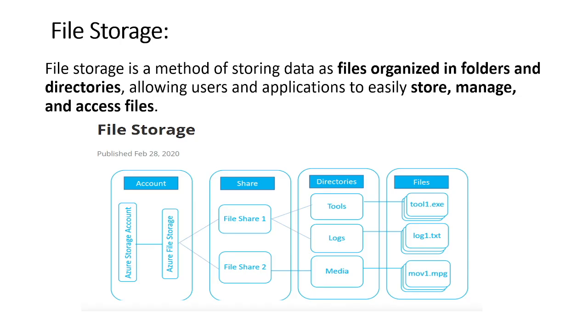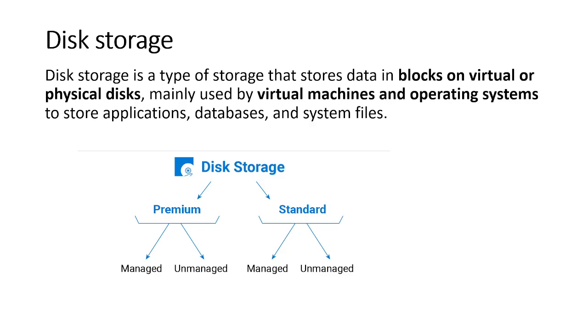Next, coming to the disk storage. Generally in the disk storage, we are managing the physical. In the example, I'll tell you one thing. It is one type that permanently saves the data and operating systems, applications, files.